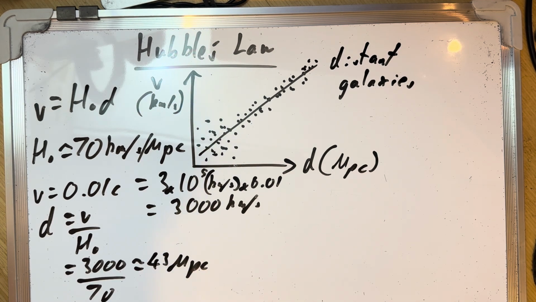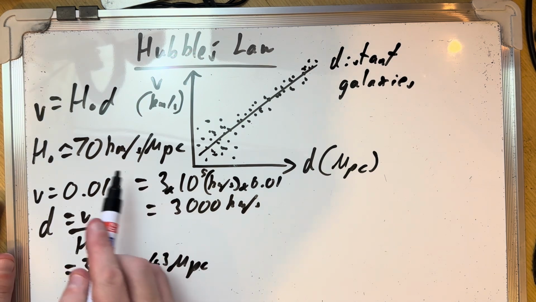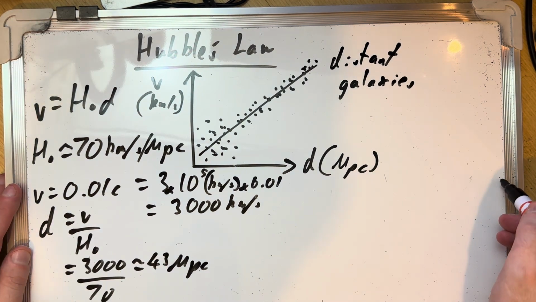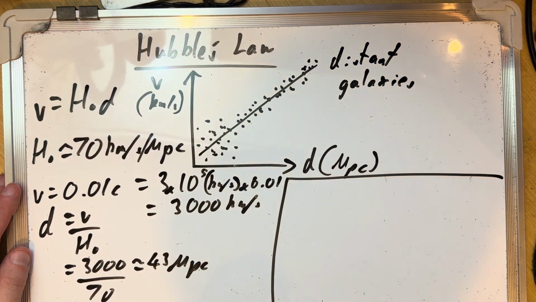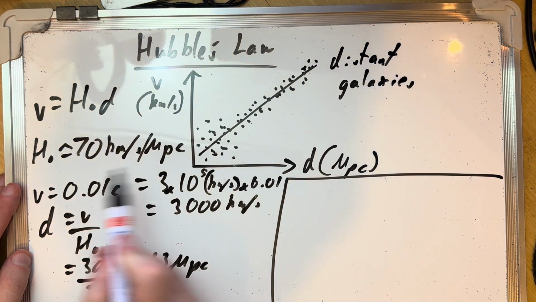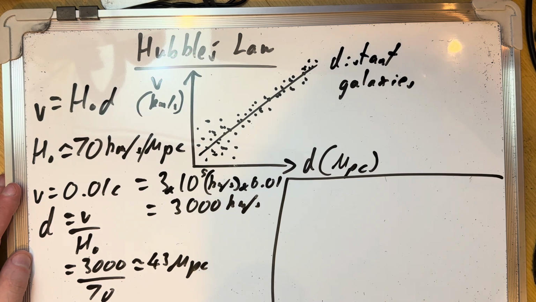Now, one more thing about this. Let's look at this unit here, 70 kilometers per second per megaparsec. We've got kilometers divided by megaparsecs here. Of course, that's a distance over a distance, so they should cancel and give us a number in per seconds. But that's tricky. We need to cancel kilometers and megaparsecs.